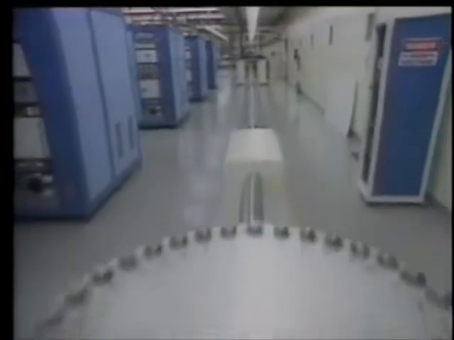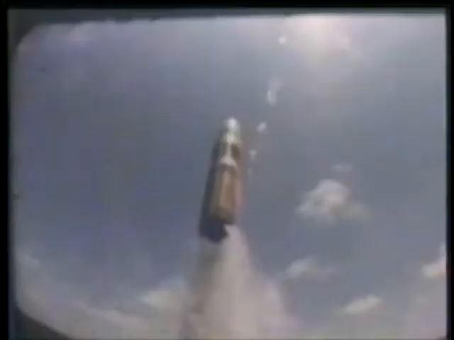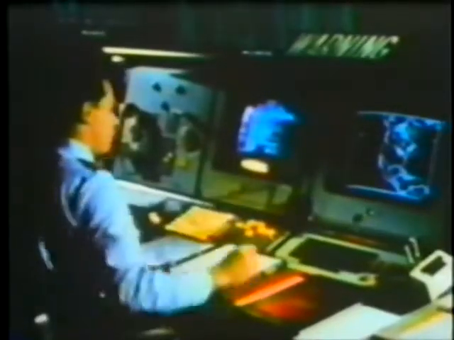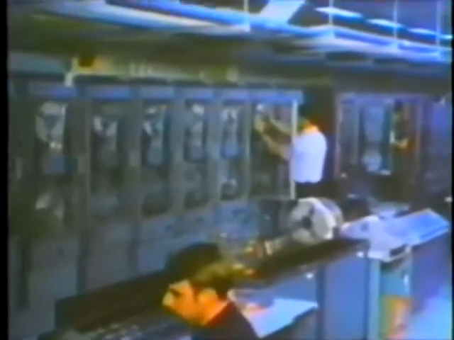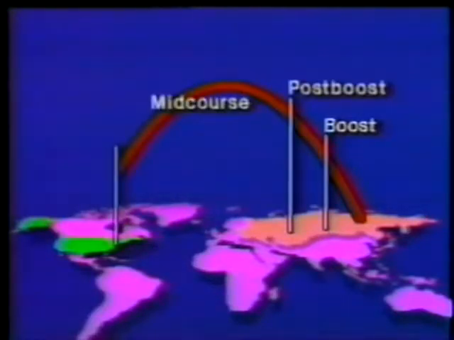So over time, SDI has become more streamlined and elegant. The need to acquire, track, and point at incoming missiles in all their stages, all their phenomenology, and against the background of space, the sun, the earth, and the Van Allen radiation belt, has remained unchanged from the beginning. So has the need for massive, radiation-hardened, nuclear-hardened, jam-proof computers and communication. Phase 1, however, has come to focus on boost and post-boost, as well as mid-course defense.